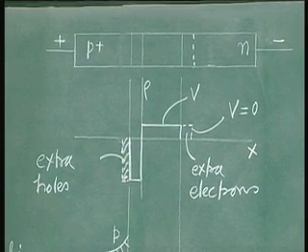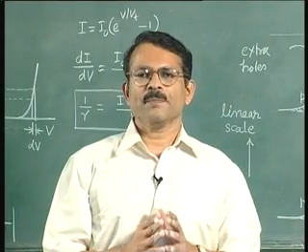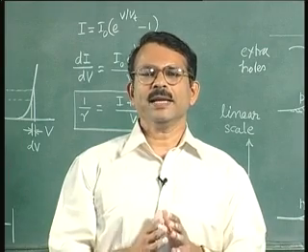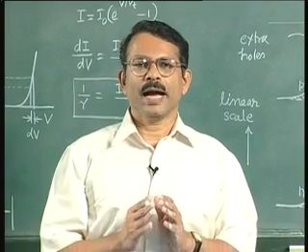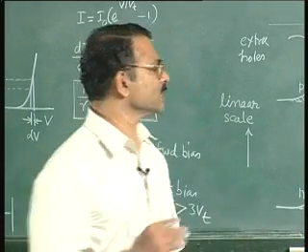So this is how what one can say is that as compared to the equilibrium condition, because of forward bias, there has been a change in the concentration of holes and concentration of electrons. So we can write this down as follows.